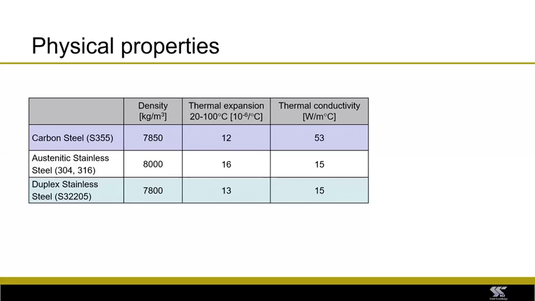For example, lower thermal conductivity makes stainless steel ideal for developing, say, thermal breaks. But it's also a disadvantage, say, in welding, where you may get more distortion because the heat isn't conducted away as quickly or efficiently.